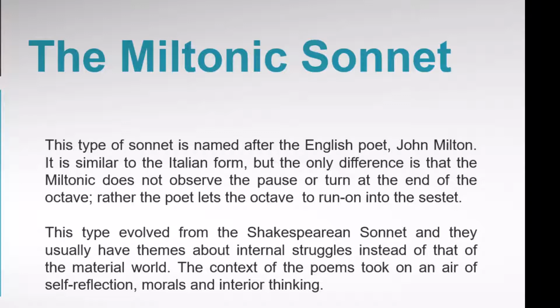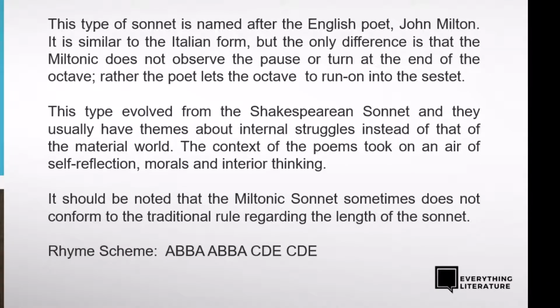It should be noted that the Miltonic sonnet sometimes does not conform to the traditional rule regarding the length of a sonnet. But what really makes a sonnet is the fact that it has to be 14 lines. So the rhyme scheme for the Miltonic is ABBA, ABBA, CDE, CDE, kind of like the Italian, okay, in form.